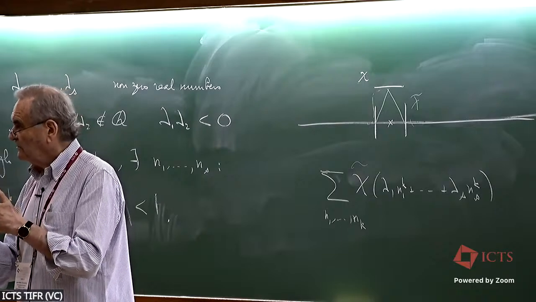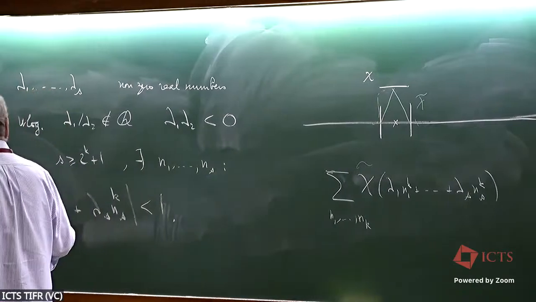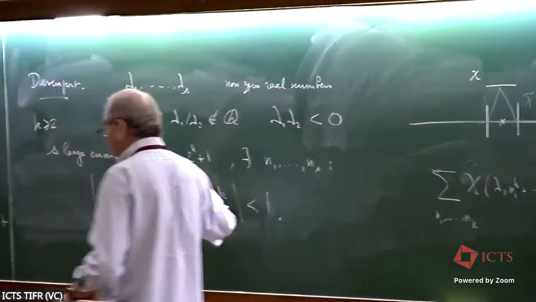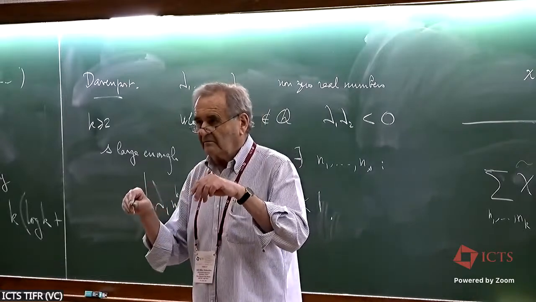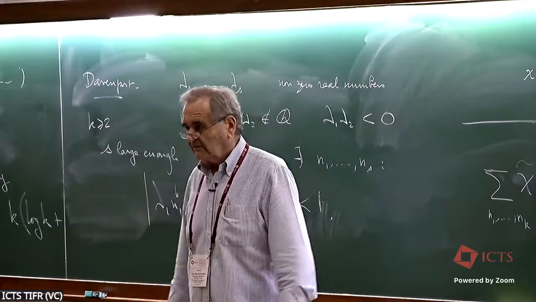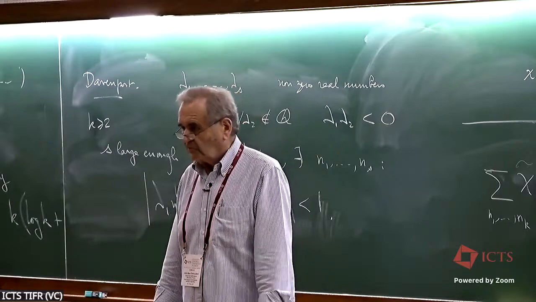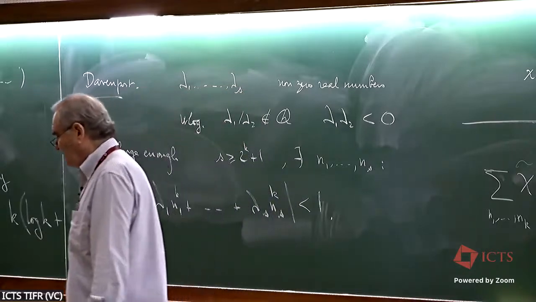You can use also Hua's lemma. And when you use Hua's lemma, then you get this 2k plus 1. So this is in the first major arc, and then you have something which is absolutely convergent, and you are far away. This is nothing. So this is the way you can prove it, and then improve again similarly.